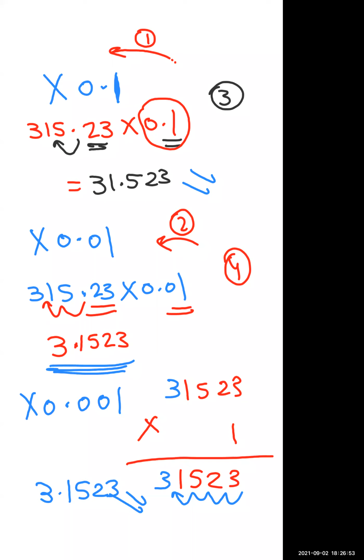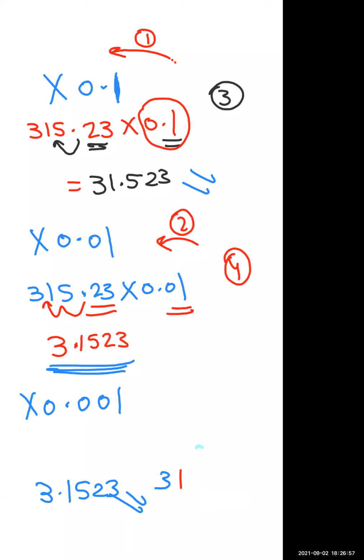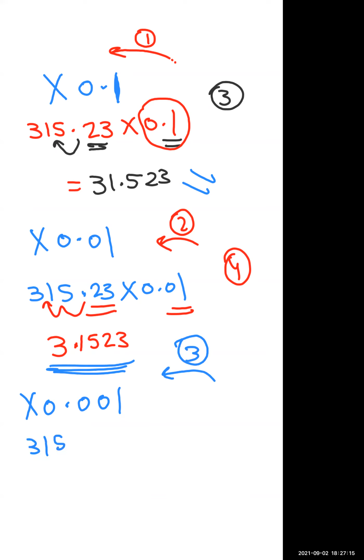Okay. Now, guys, the third one, if I'm going to multiply the number by 0.001, in this case, move the decimal point to the left 3 places, like the same number here, 315.23 times 0.001.